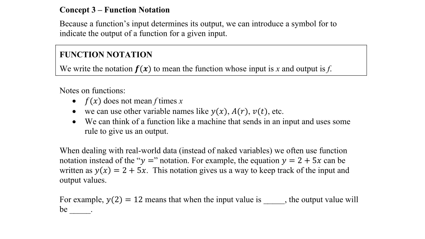Okay, so when we have a function, every input can only give one output. One of the ways we can describe that situation is by saying that the function's input determines its output. And so because the function's input determines its output, we have a notation that means the output that corresponds to a given input.